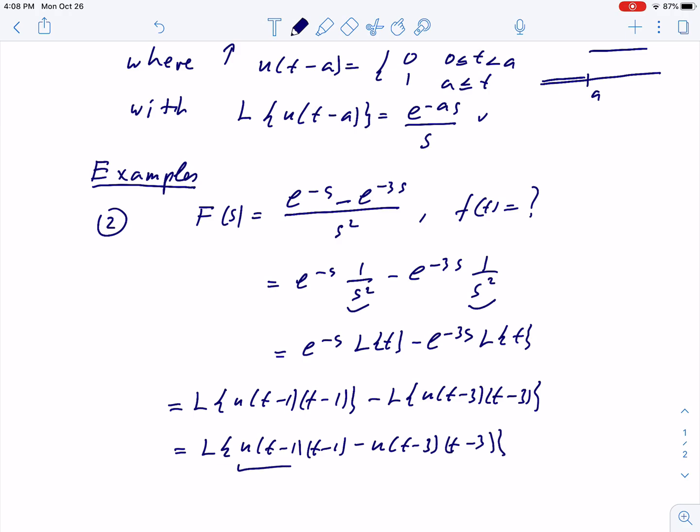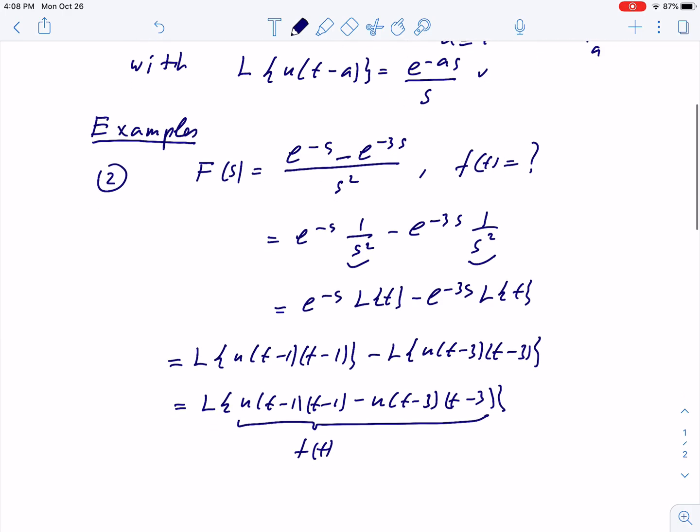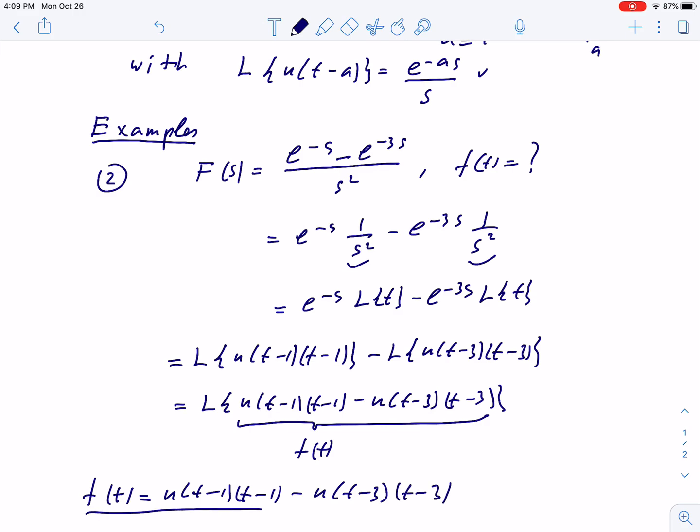Inside the braces we find our original. So let's write the answer: f of t equals u(t minus 1) times (t minus 1) minus u(t minus 3)(t minus 3). This function is our original.